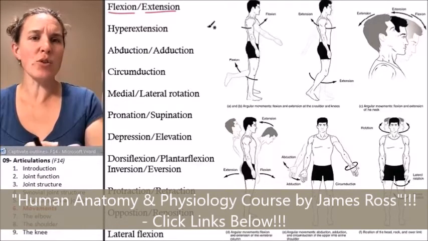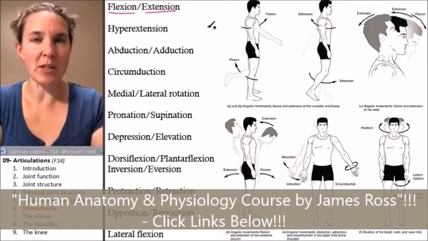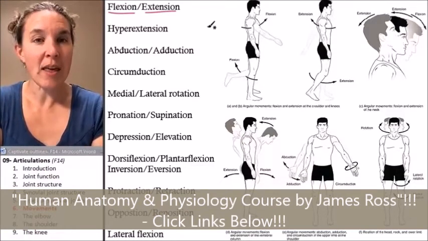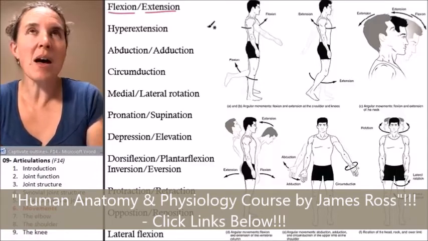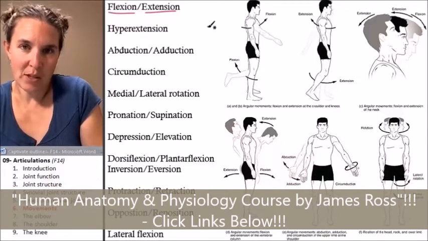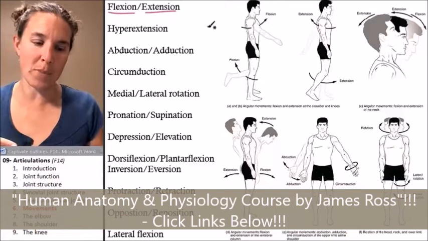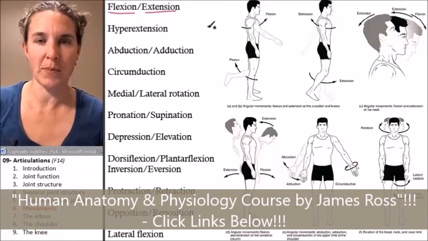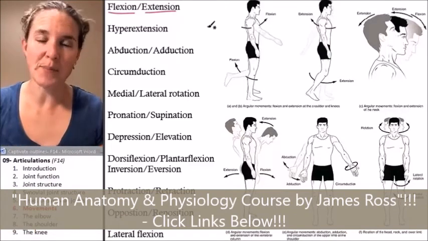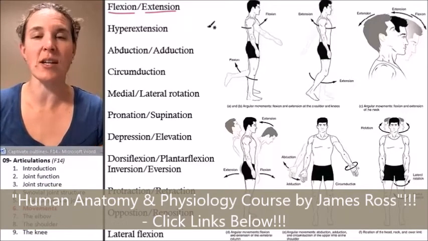If flexion happens, then some other action must happen to put the body part back where it was, and that's usually the opposite. So the opposite of flexion is extension.